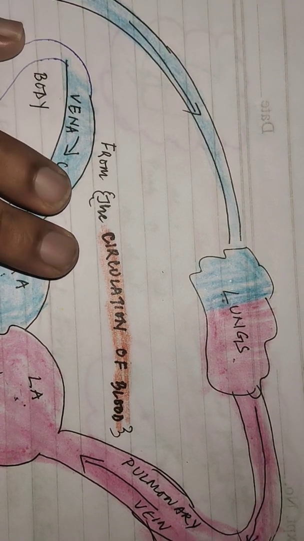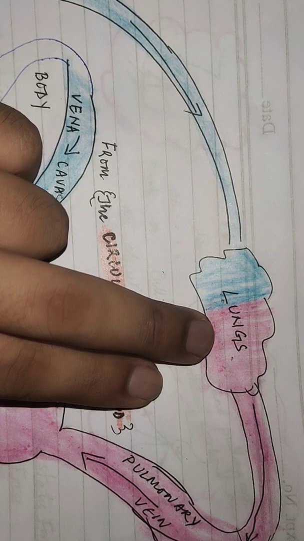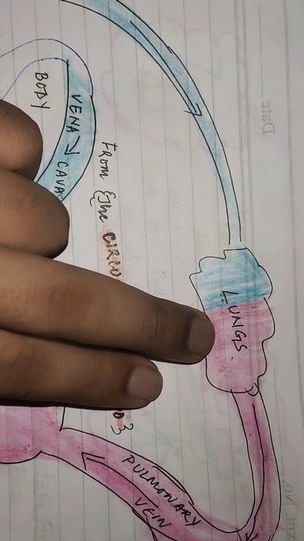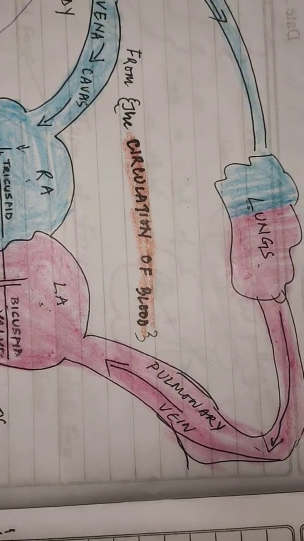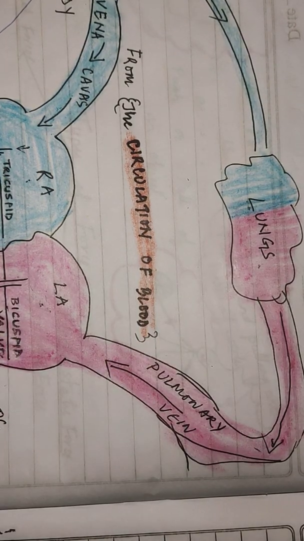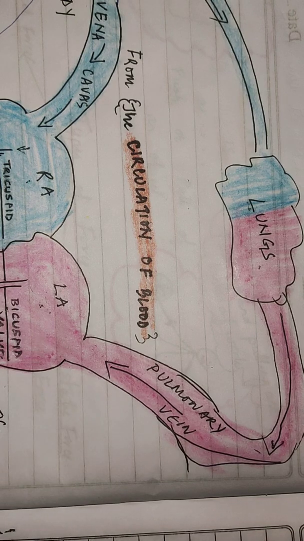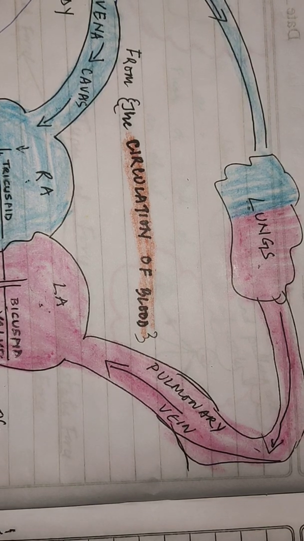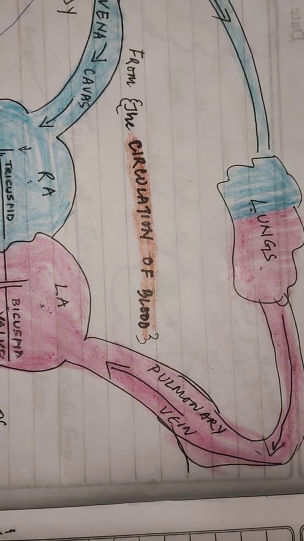Then once it reaches the lungs, once after the oxygenation, the blood again flows. Blood will flow again from the pulmonary vein to the left auricle or left atrium.